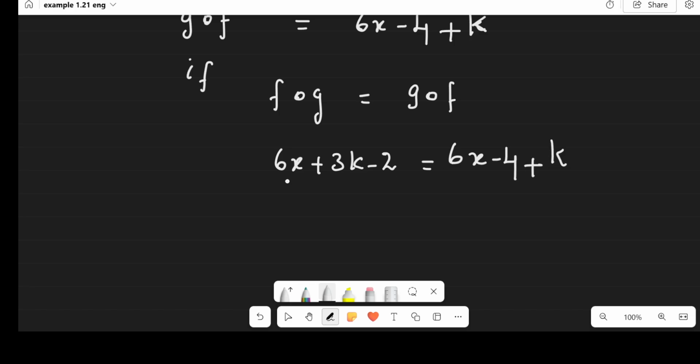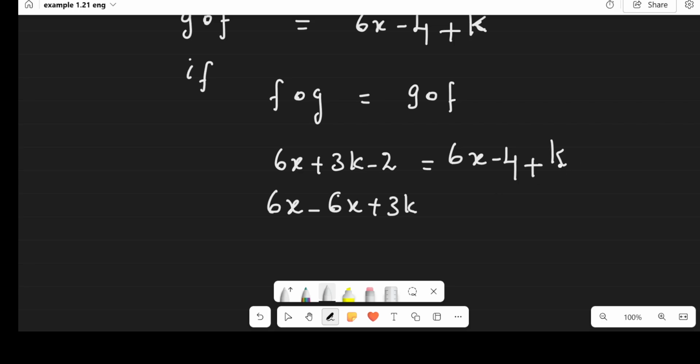Okay. Now we are going to take all the x value and k value to the right side, and only the numbers will be coming this side. Okay, right side. So I'm taking 6x here, plus 6x becomes minus 6x when it comes to left side, and plus 3k.